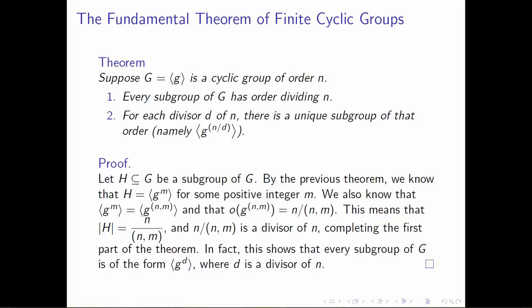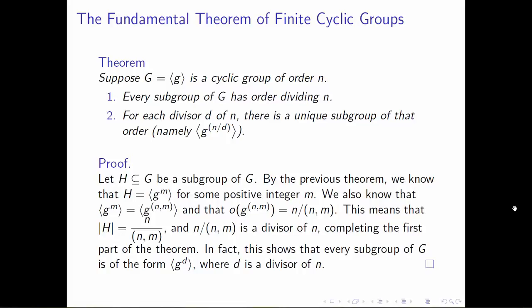Well, truly it would be n divided by the GCD of n and GCD of n and m, but the GCD of n and m does divide n, so that's what gets put in right here. We conclude from that, if H is equal to the group generated by g to the m, and that's exactly the same group as the group generated by g to the GCD of n and m, then the order of H is equal to the order of this element, which is n divided by the GCD of n and m.